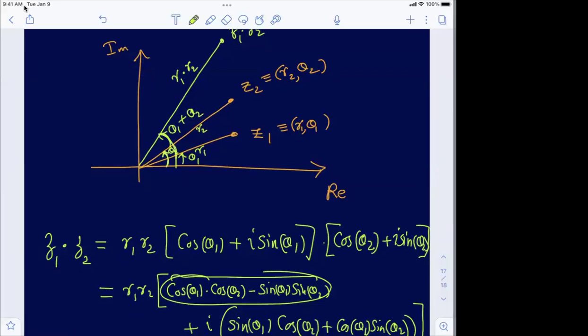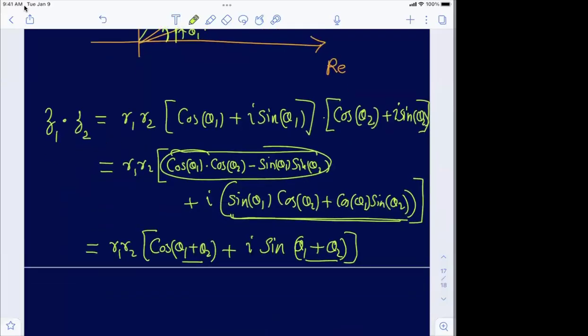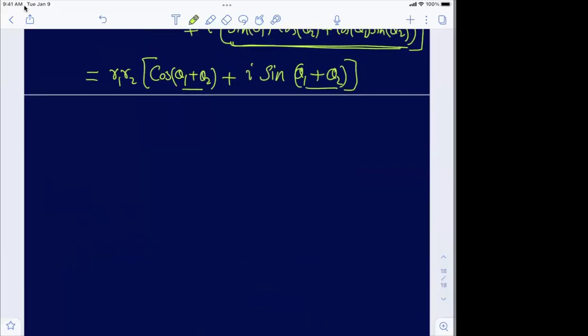This is important, because with this we can have this rough relation, the connection, when you consider the argument of z1 times z2. That's nothing other than this relation.